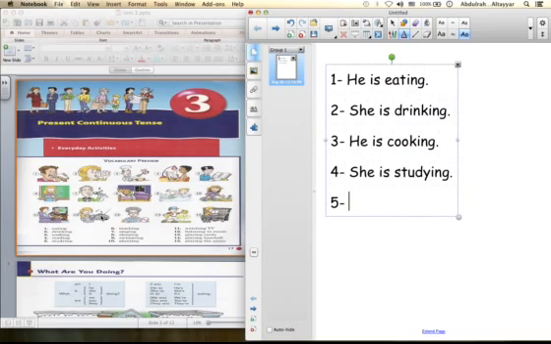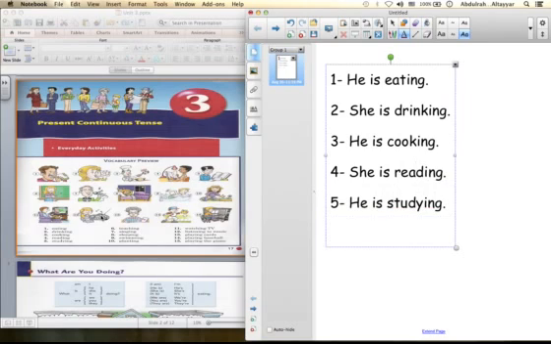Number five, he is studying also. Oh, sorry. We have here what? She is reading. Number five, he is studying.